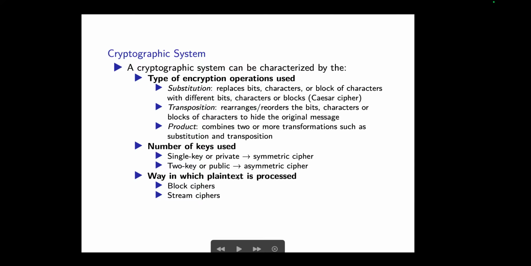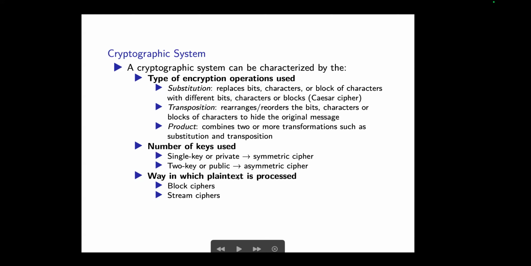So then you have a mapping: A becomes D, B becomes E, C becomes F, and so on. And then it wraps around such that the last letter of the alphabet becomes the first one, or not really, you have to shift it, right? So it will be shifted.